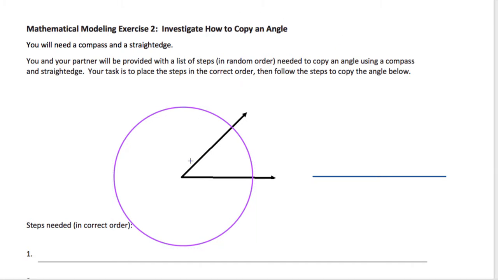All right. Let's start labeling things. This vertex point, let's call that point A. Let's call this new intersection point on the right-hand side point B. And this intersection point at the top, point C. So far, so good.